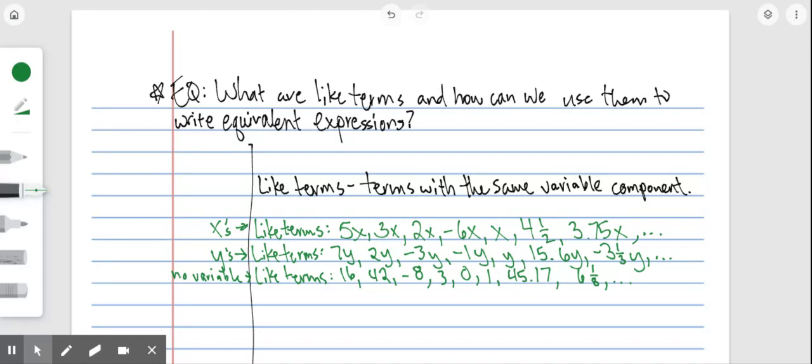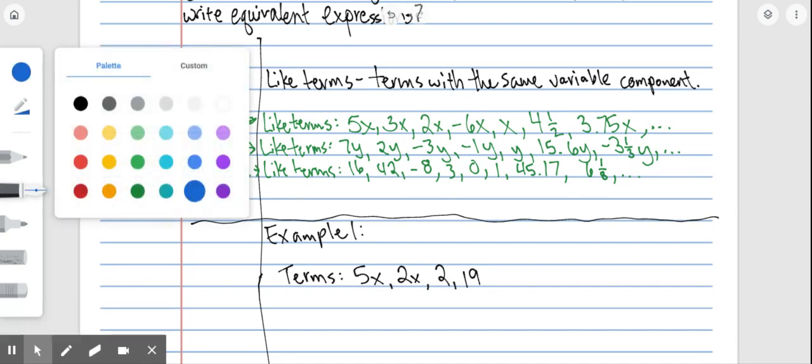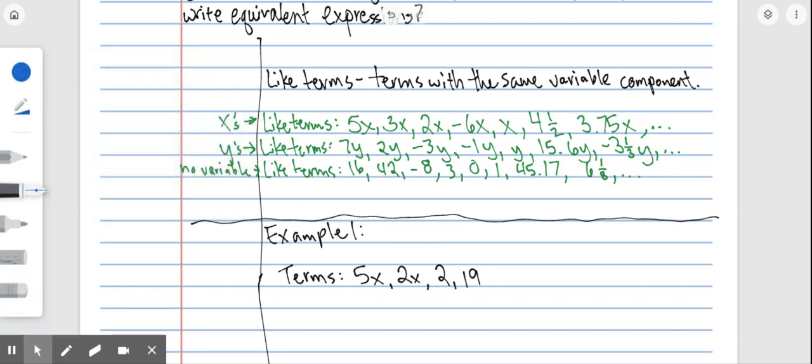Okay, so let me list out some terms, and we're going to find out which terms are like each other. Here's my example 1. I have the terms 5x, 2x, 2, and 19. I notice that 5x has an x term.